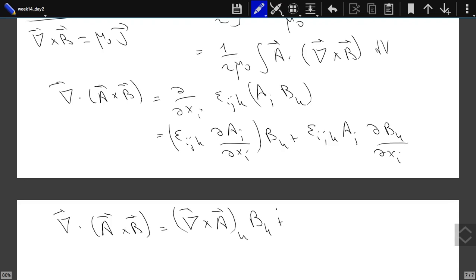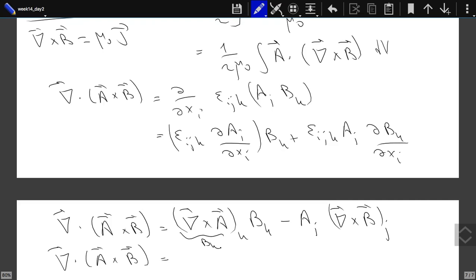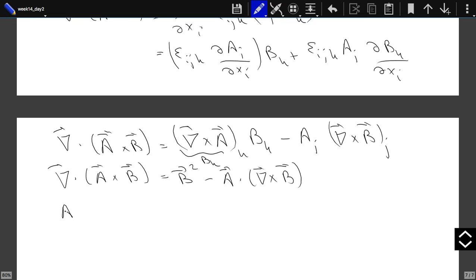If you look at the second term, that is minus a_j times the j component of curl of B. Or the divergence of A cross B is equal to, well, this is b_k, B squared, minus A dot the curl of B. Or A dot the curl of B is equal to B squared minus the divergence of A cross B.